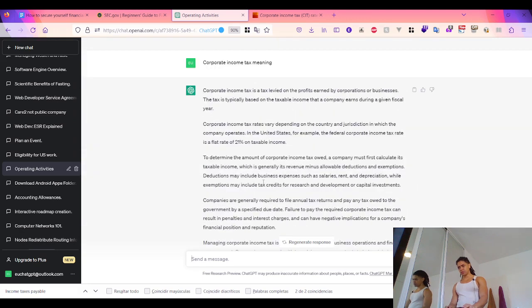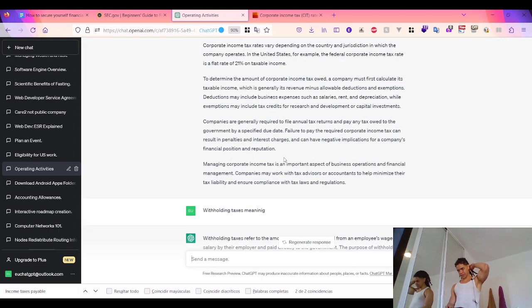In other words, corporate income tax is a tax charged on the profits earned by corporations. In the United States, there is a flat rate of 21% on taxable income.